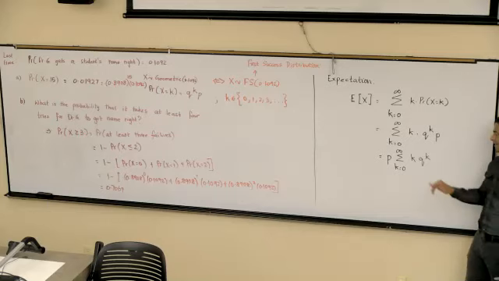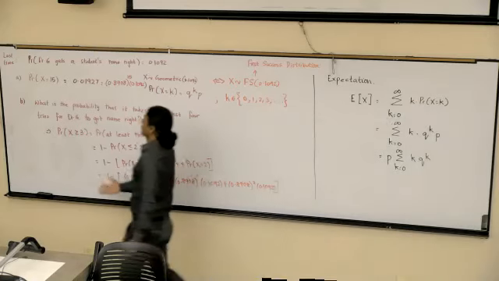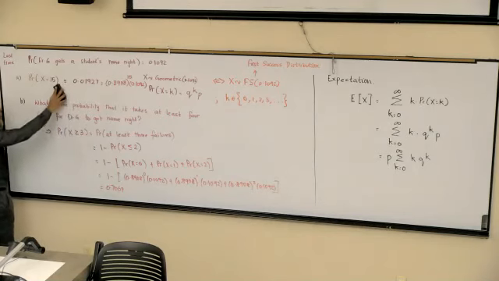But the issue here is about that k, right? So what do we do about that k? Or what should we do? Can I erase this?